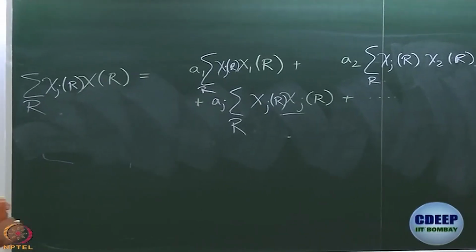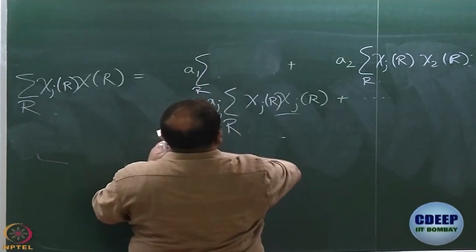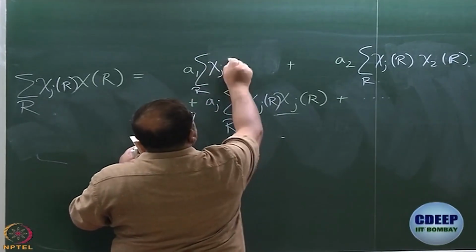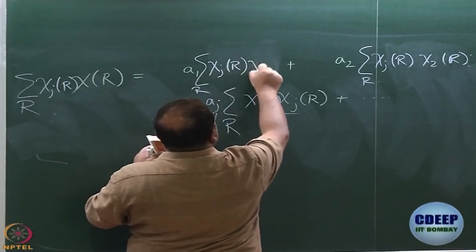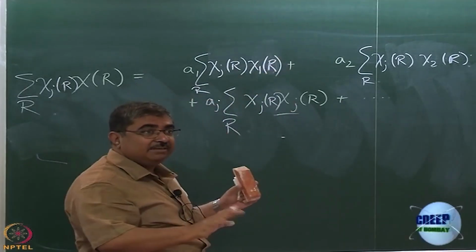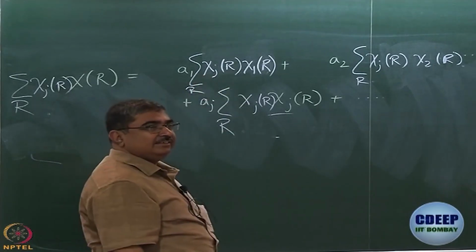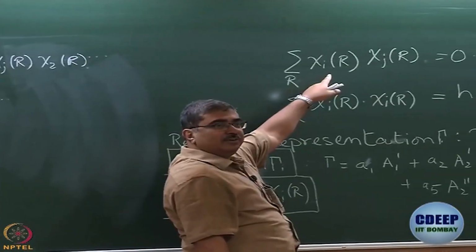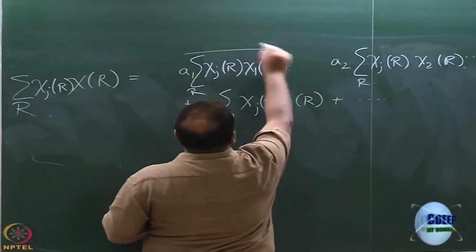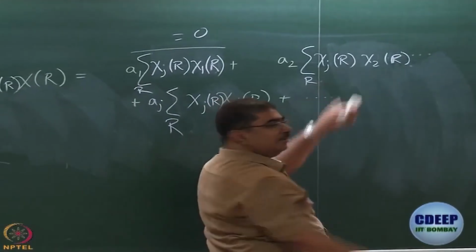Alright. So, see what is this one? Sum over R, chi j R, chi 1 R. j is not equal to 1, right? j is some other number. So, sum over R, chi j R, chi 1 R, what is that? 0, right? So, this is equal to 0. What about this? 0.